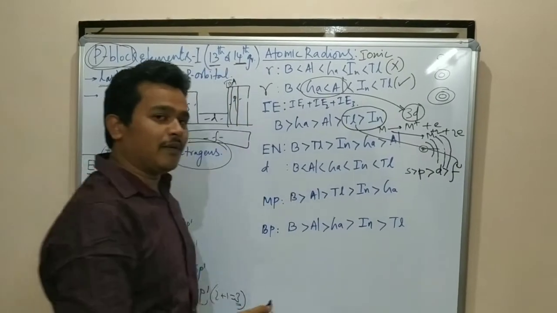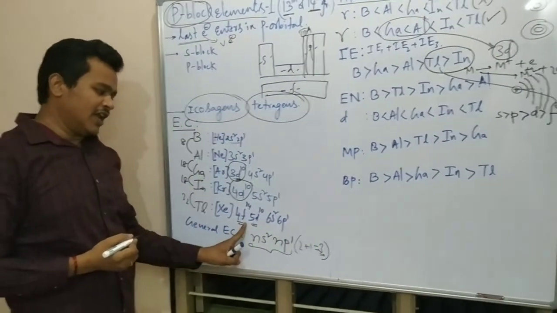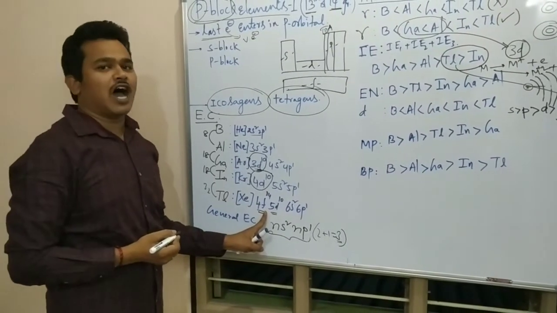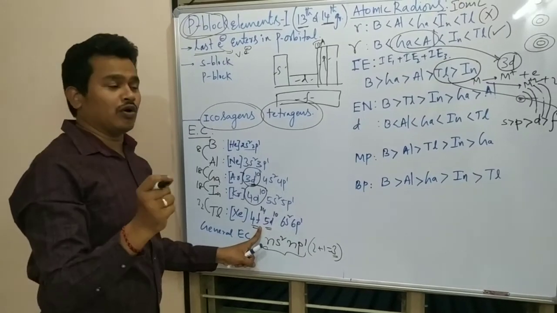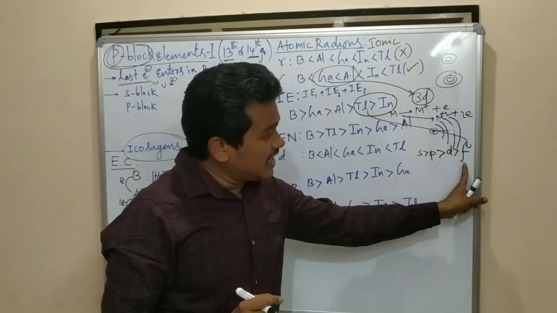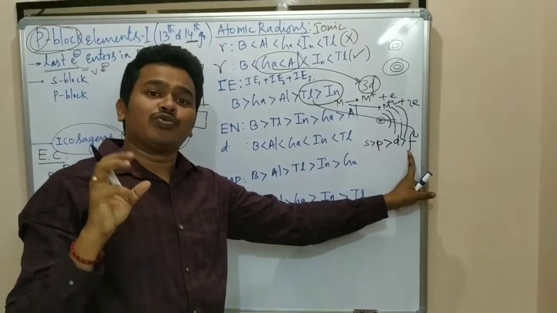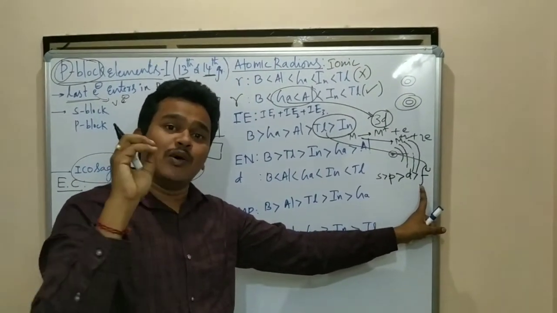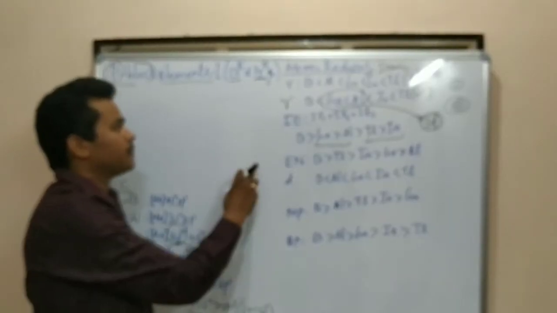Because of the F orbital. See thallium here, we observe 4F. The F orbital is there. The F orbital's shielding effect is very poor. Because of the poor shielding effect of the F orbital, the nuclear force of attraction is more on the valence electrons.